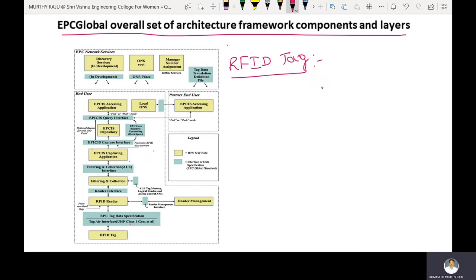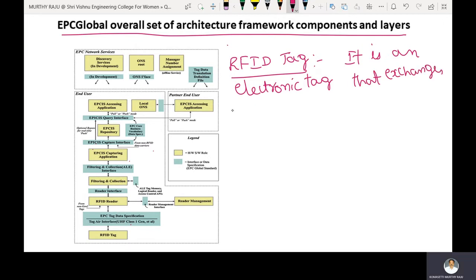A radio frequency identification tag is an electronic tag that exchanges data with a RFID radar through radio waves.